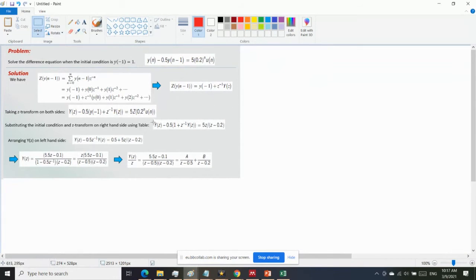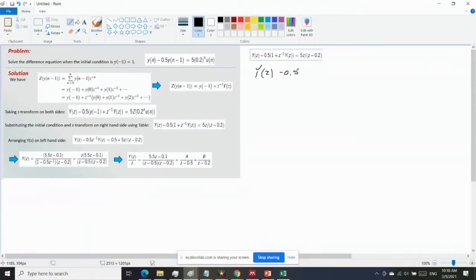All right, so we have the result, this. So let's manipulate this algebra.